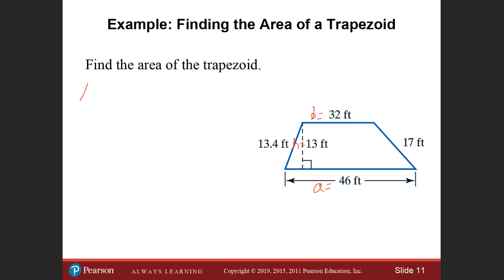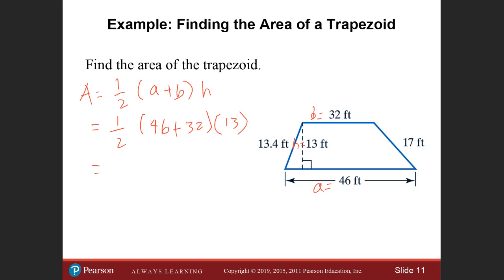And the formula is area is equal to 1/2, and then you can have the A plus B times your height. A can be written as base 1 and B can be written as base 2. A here would be 46 plus B, which is 32. Your height is 13.